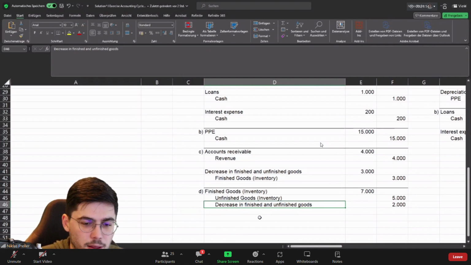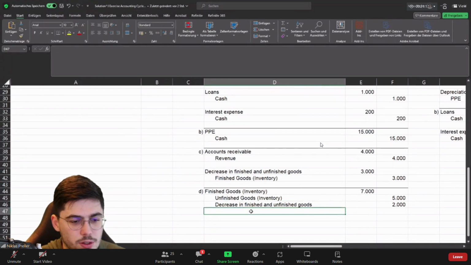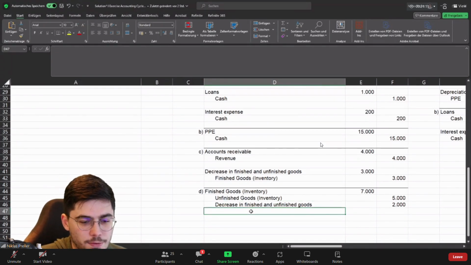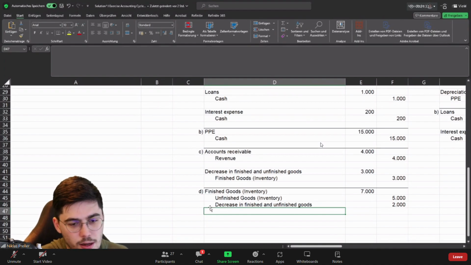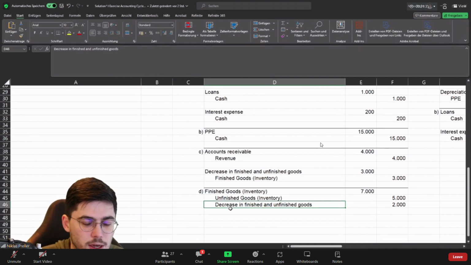This is something that is often used and which I've used throughout the lectures the past semesters, which I won't be using in your exam. So look out for that. We have separate accounts for that. In this case, we have that aggregated, so we have an account increase and decrease together.